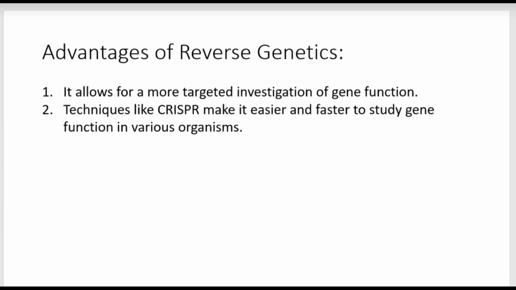The advantage of reverse genetics is that it allows for a more targeted investigation of gene function, and this is useful if the gene is involved in a multi-gene complex, as we mentioned for forward genetics. This is the disadvantage of forward genetics. It is solved by studying the genes one by one.